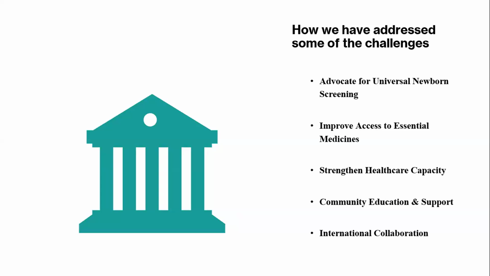So firstly, we are advocating for universal newborn screening because I believe this is where it all begins, to promote cost-effective and feasible screening programs. So we're hoping to collaborate with the other hospitals and get screening. There's screening for other conditions that's been availed, but for CAH is what we are hoping to get.